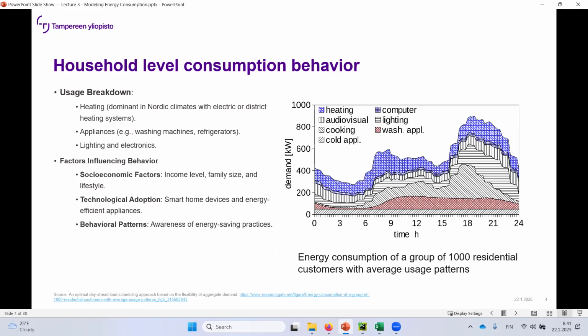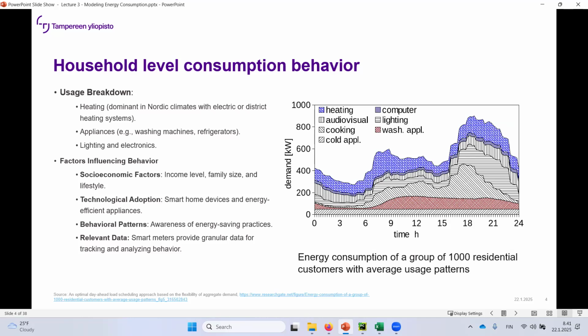Behavioral patterns, awareness of energy saving practices, and actually when you have the price of electricity on your phone, if you are buying this pörssisähkö market priced electricity, it's a really good thing to have some kind of an app to show you the electricity price, because whenever there's a high price, it means there's high demand and much load for the network.